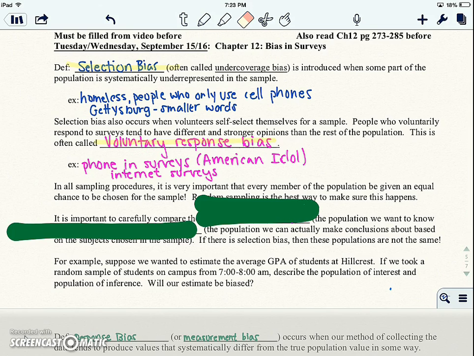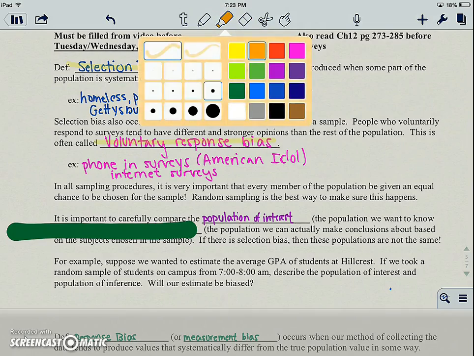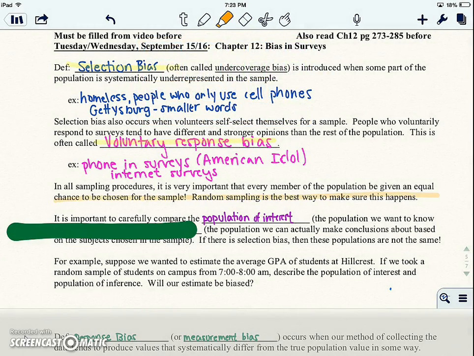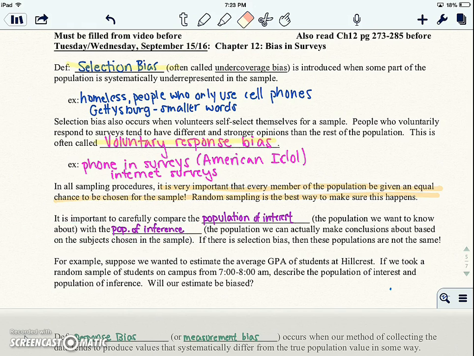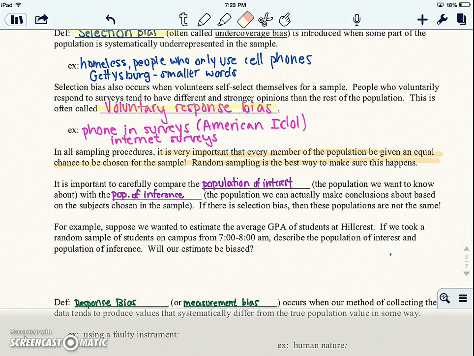Okay. In all sampling procedures, it is very important that every member of the population be given an equal chance to be chosen for the sample. Random sampling is the best way to make sure that this would happen. And I would highlight that. Okay. It is important to carefully compare the population of interest, the population we want to know about, with the population of inference, the population we can actually make conclusions about based on the subjects chosen in the sample.